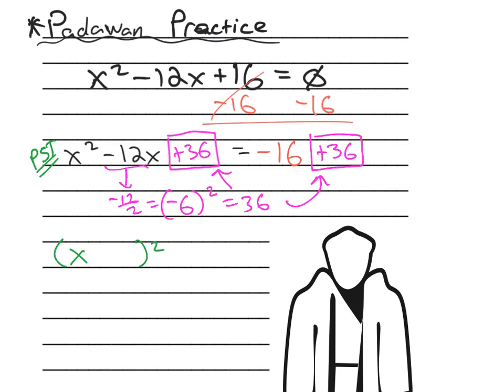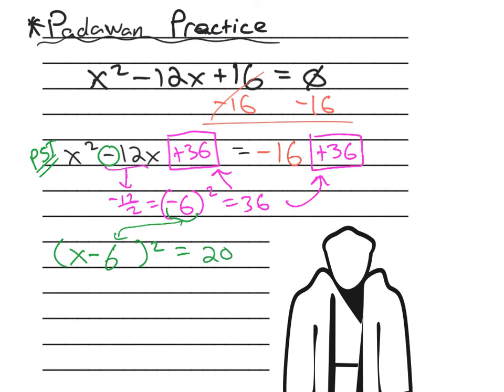Okay, take the middle sign, negative 12, so negative, and then we either take half of 12 or think about what goes right here is what goes right there. So minus 6. All right. On the right-hand side, we take negative 16 and we add 36, and we get 20. Now it becomes a square root problem.